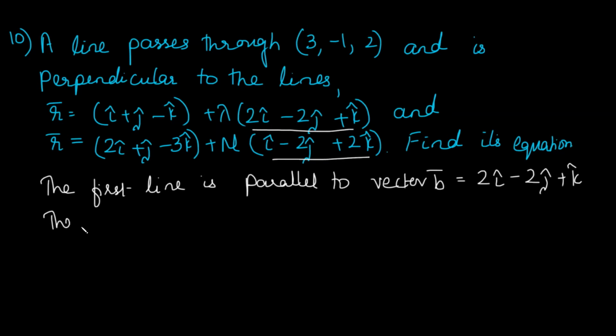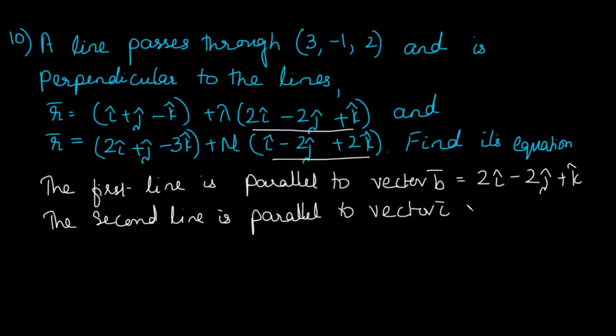Similarly, the second line is again parallel to, say, vector C, which is i - 2j + 2k.